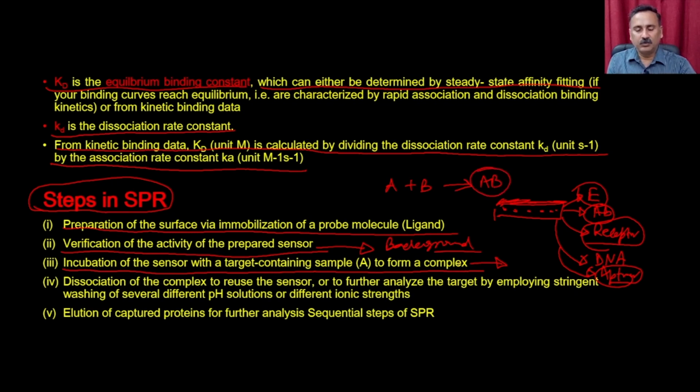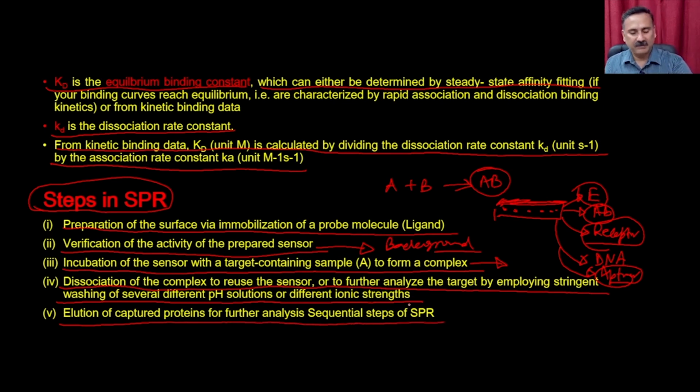This also you have to optimize, you have to give enough time so that AB is formed. Then dissociation of the complex to reuse the sensor or to further analyze the target by employing stringent washing with a severe detergent, different pH solution or different ionic strength. Then elution of the captured protein for further analysis, or the sequential steps of the SPR.